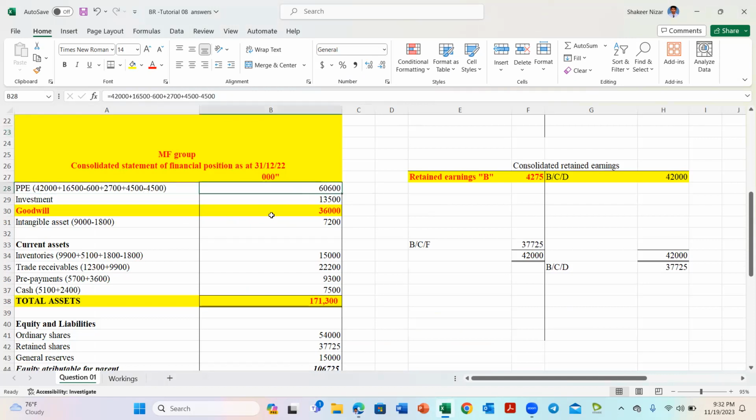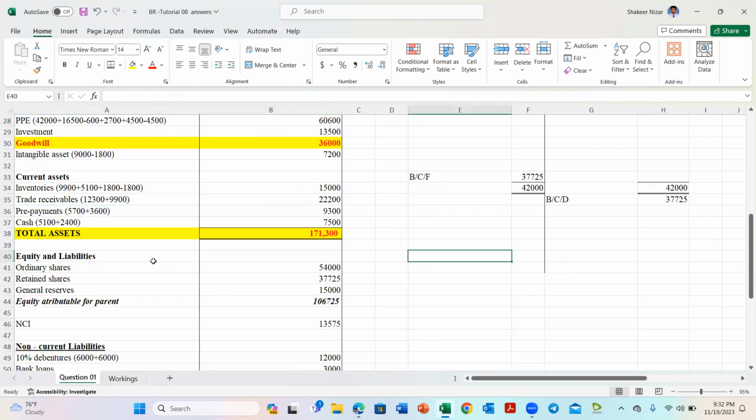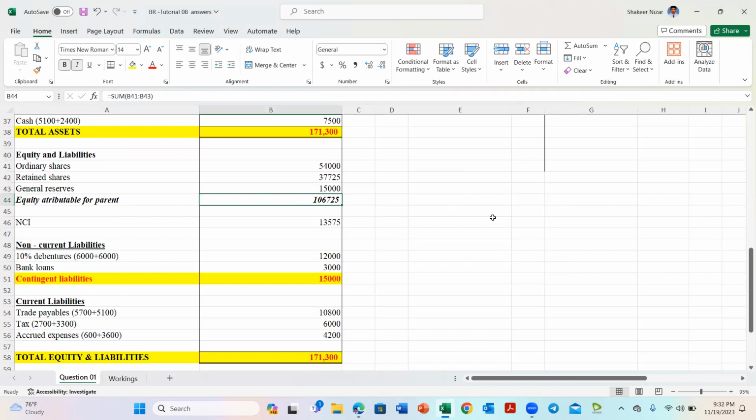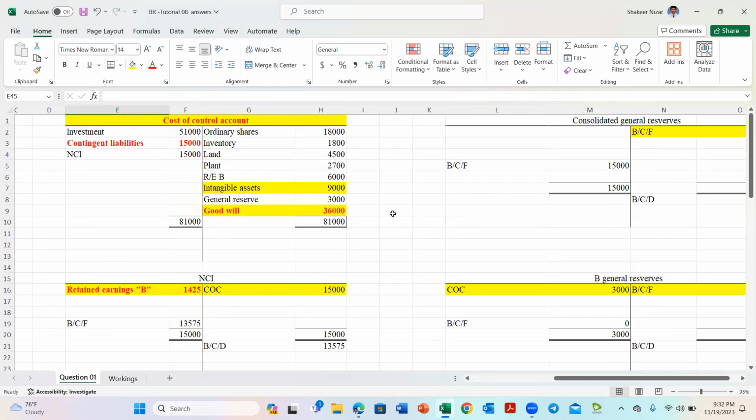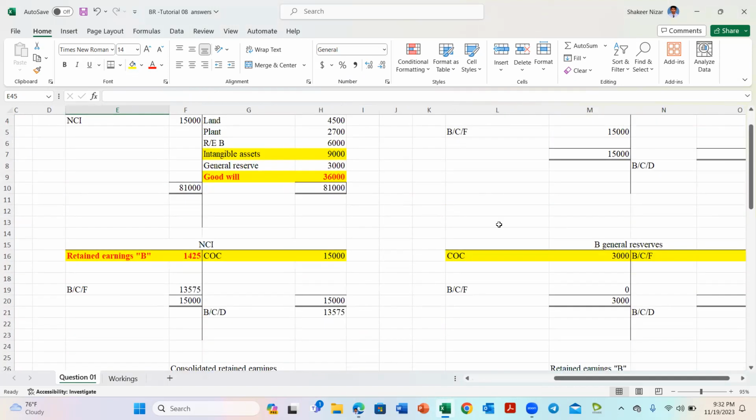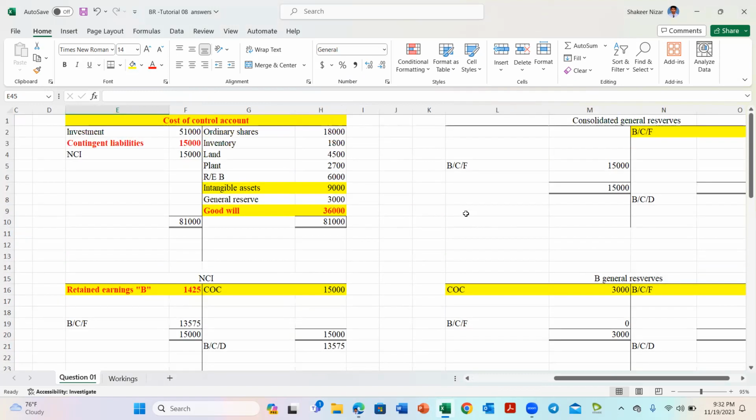Line by line addition, and later on you end up with this. Now the adjustment is over, right? Equity attributable to parent's equity holders: ordinary shares, general reserve, and retained earnings. So retained earnings you can balance, balance carried down. It's clear, right?